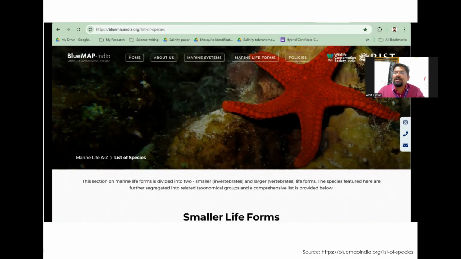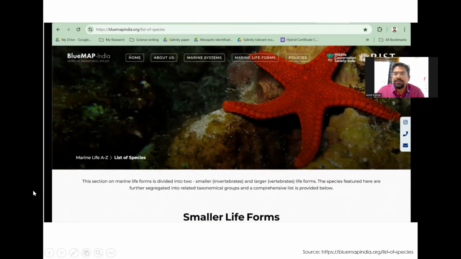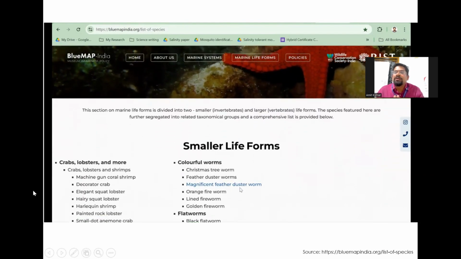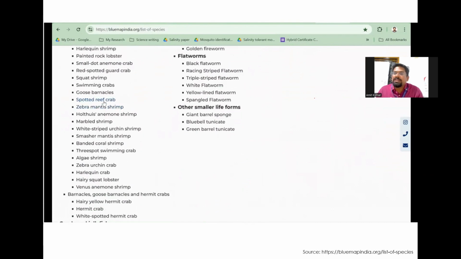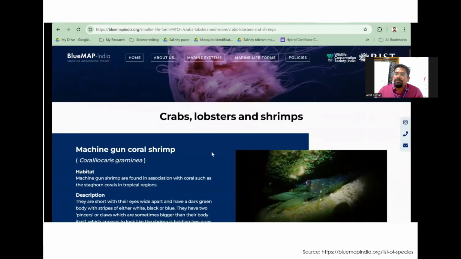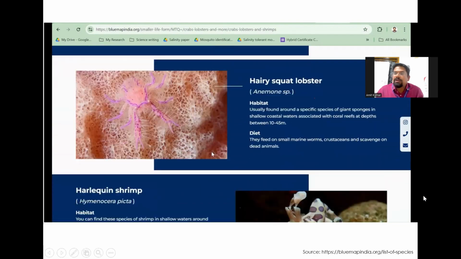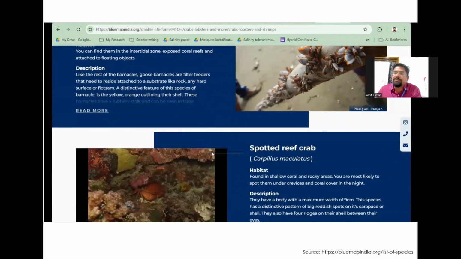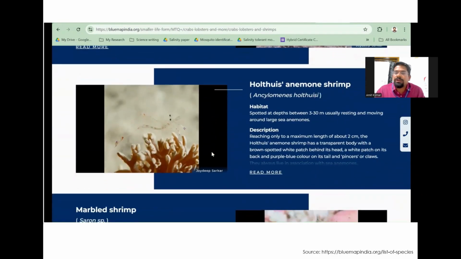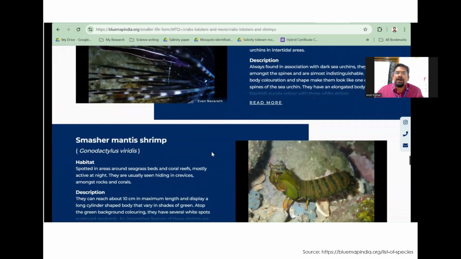One such example, and again this is not an exhaustive list, is one where, if you are interested, you can go and check what sort of marine organisms live in our Indian waters, as well as how they look. There are many underwater images of marine plants and animals given here. This is one particular database which is maintained by, I think, WCS India.